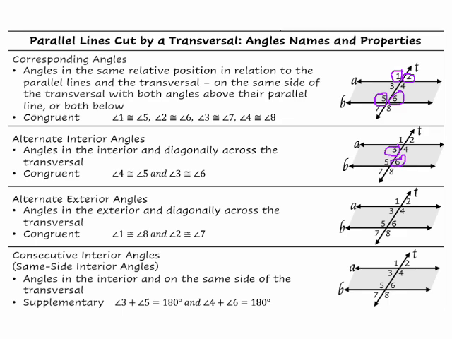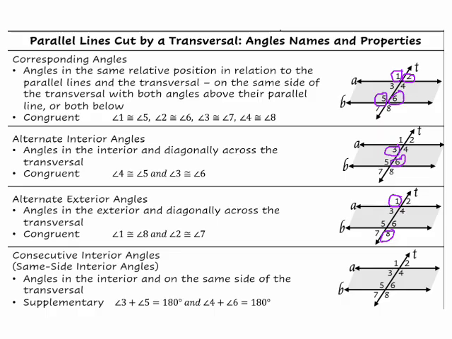Alternate exterior angles are also diagonal, but they are outside of the parallel lines. For example, 1 and 8 and also 2 and 7.